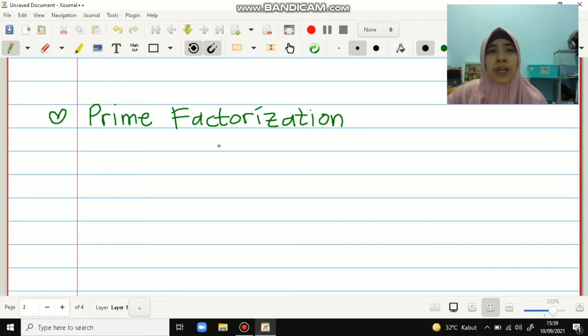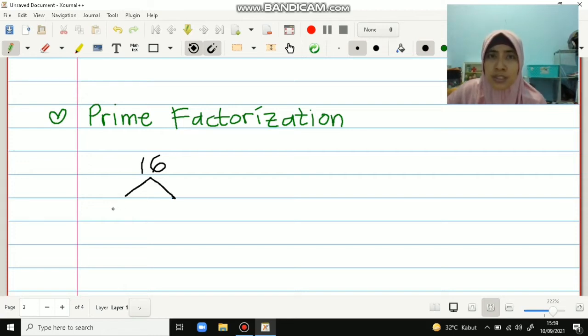How to find the prime factors of a number? We can use the process called prime factorization. To make a prime factorization, you can start with multiplication. Let's say we will find the prime factorization of 16. You can draw your own tree that you want.